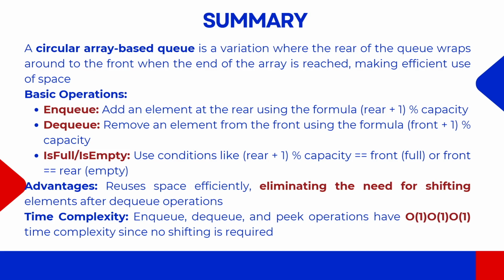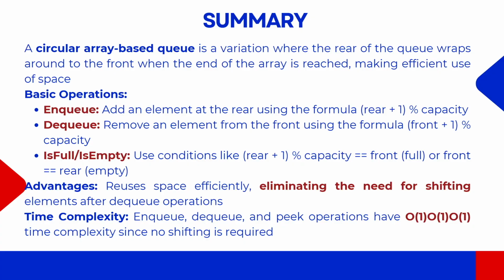In addition to NQ and DQ, while doing isFull and isEmpty, we can have conditions put up this way. When we check whether the queue is full or not, we check whether rear plus 1 mod capacity is equal to front. It means the maximum queue size is reached.